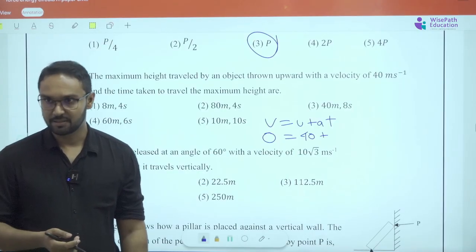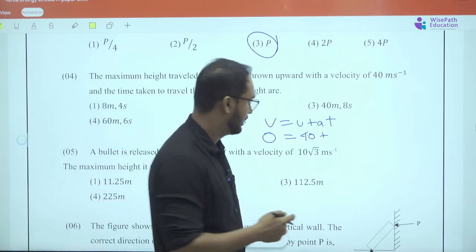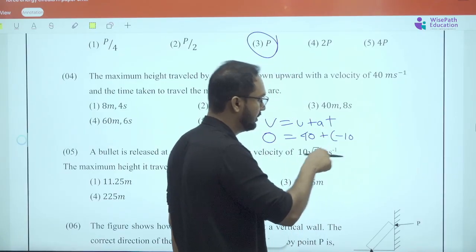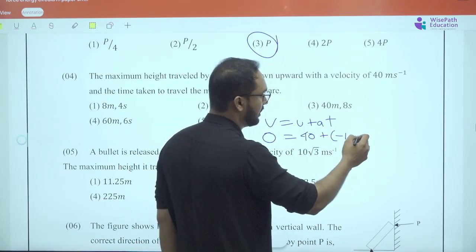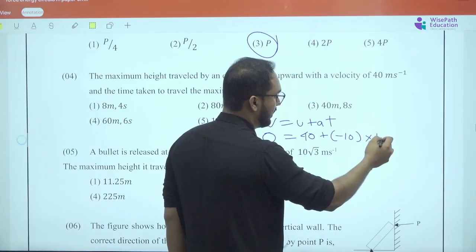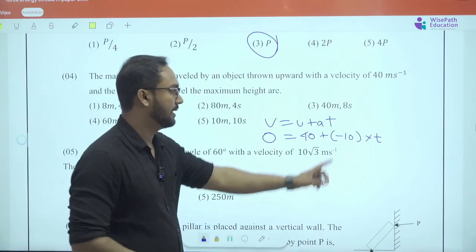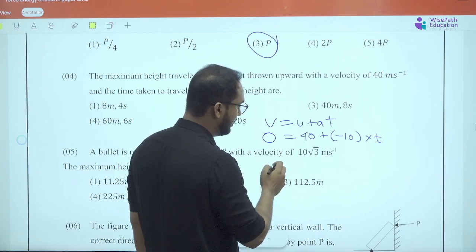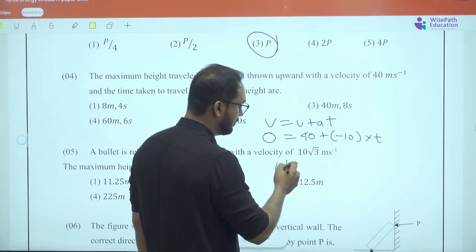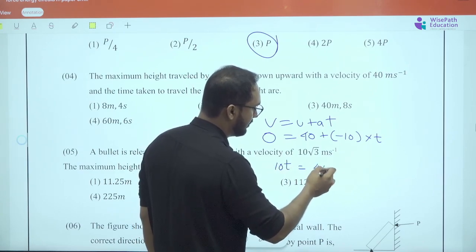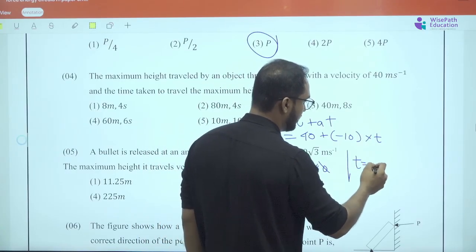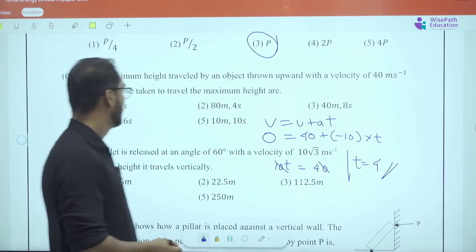It's a deceleration, so it's minus 10, right? This minus makes the whole thing minus. You have to find the time. So it's minus 10t, right? Taking minus 10t to this side becomes plus 10t equals 40, and t equals how much? T equals 4 seconds, right?